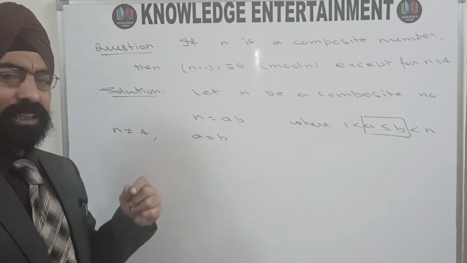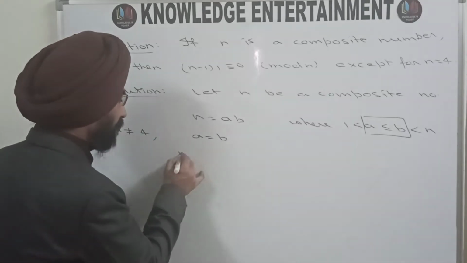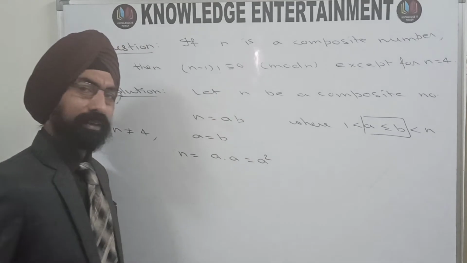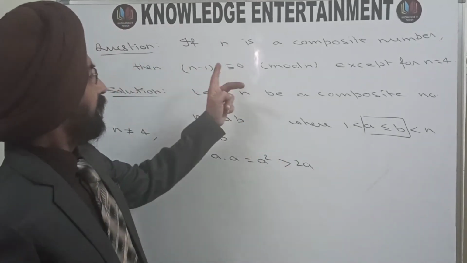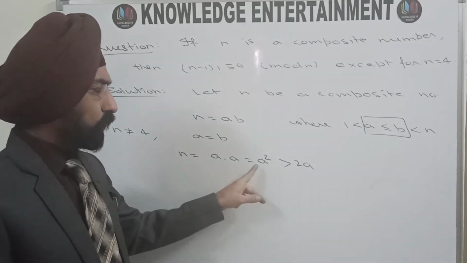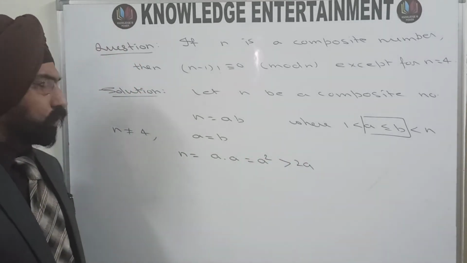And if a is equal to b, then what will your number n be? n will be a into a, that means a square. And a square is greater than 2a for every composite number n which is not 4, greater than 4. Your a square is greater than 2a. That means your n is greater than 2a.